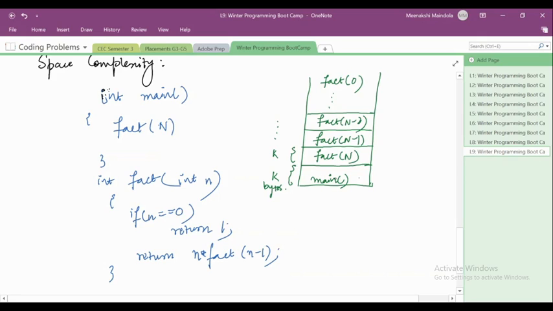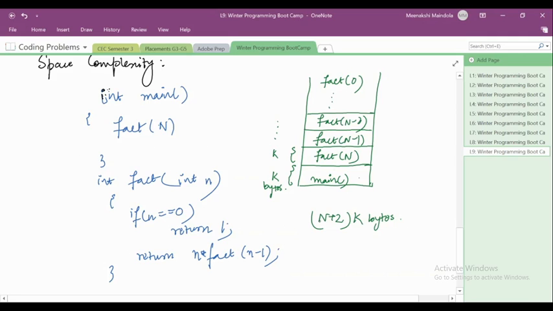So if you include these n calls, so these are basically n plus 1 calls as we saw, plus whatever main function is called, you have n plus 2 calls into k bytes, which is your space complexity.